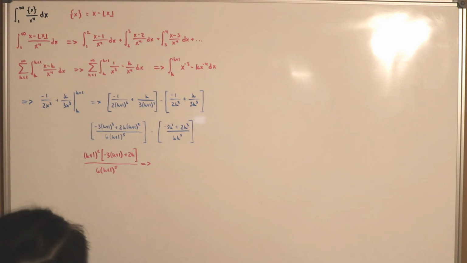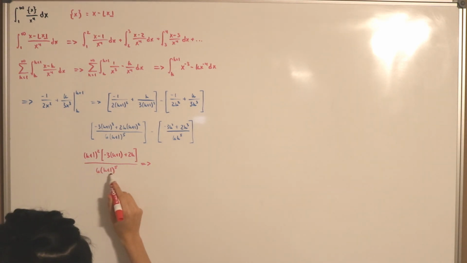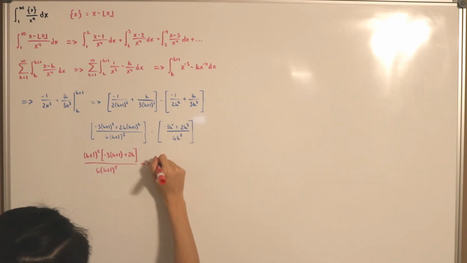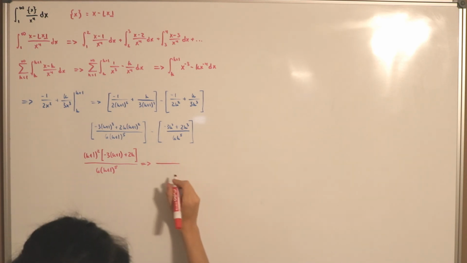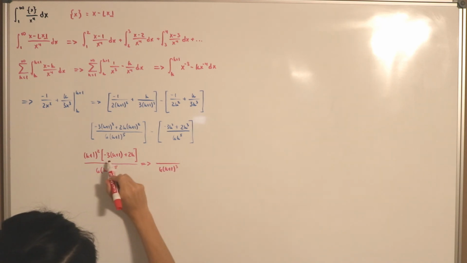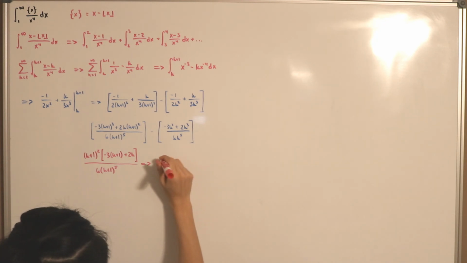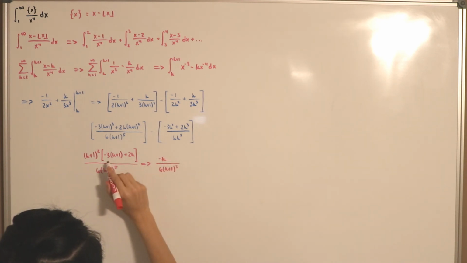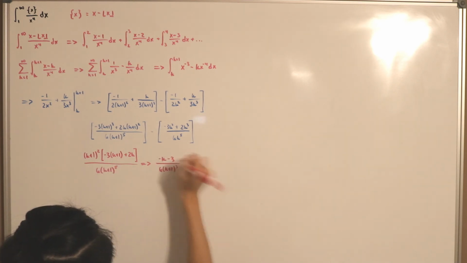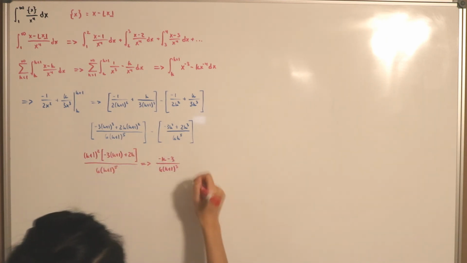We can simplify that even further. The k plus 1 squared in the numerator and the k plus 1 to the 5th will cancel, so we're left with the exponent of 3 on the denominator. This is 6 times k plus 1 cubed, and then this is negative 3k plus 2k, which is negative k, and then negative 3, so this is minus 3 over here. Okay, so this is our value for this expression here, and then minus.